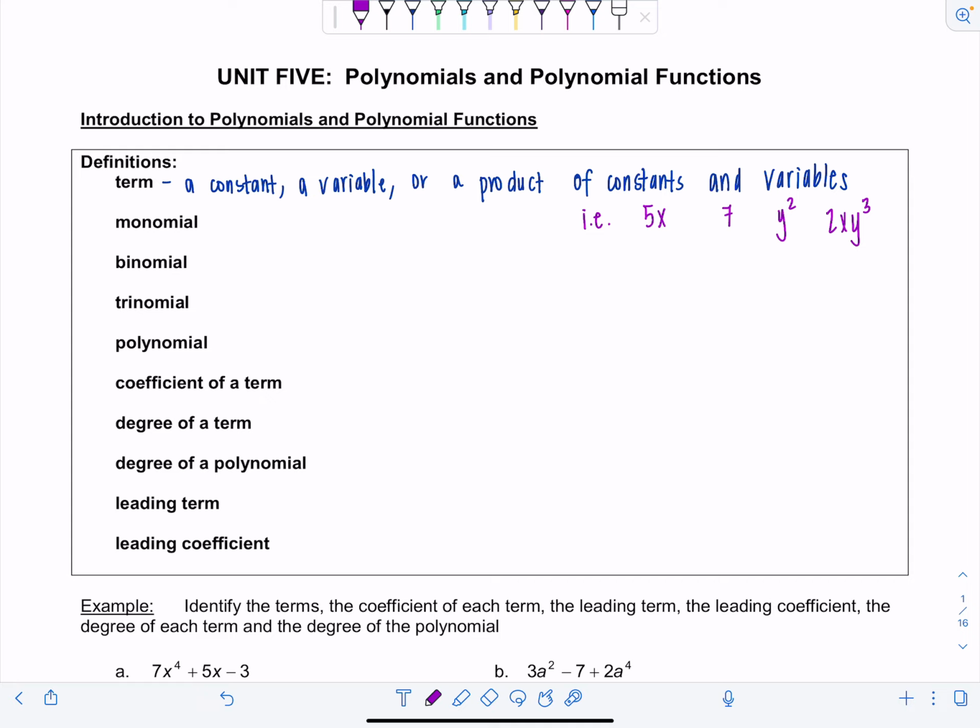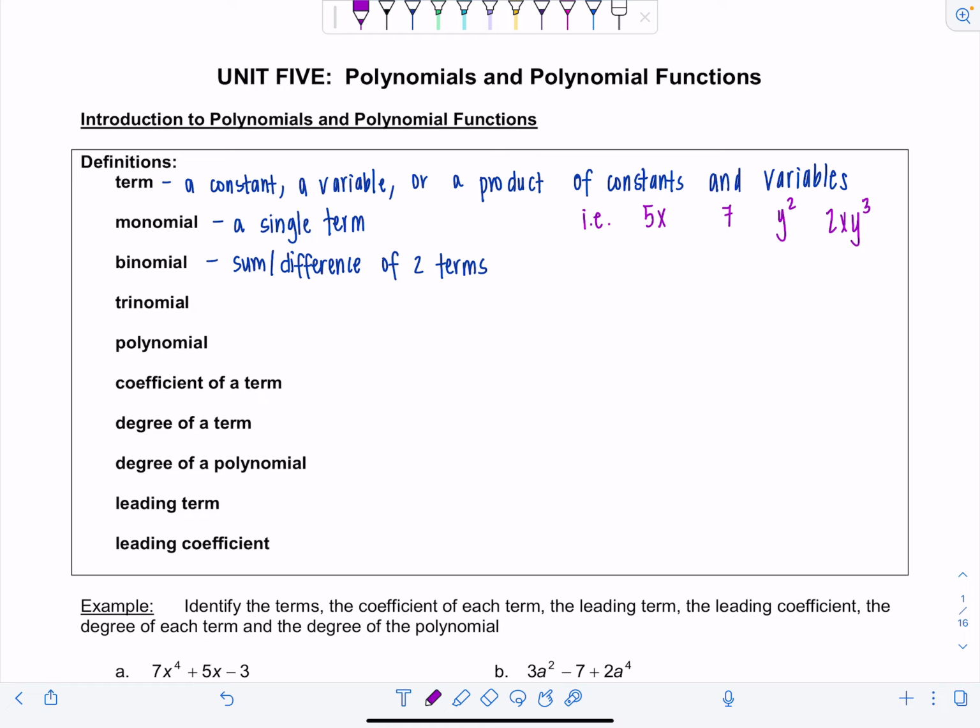All right, a monomial. A monomial is a single term. A binomial, that's when you have a sum or difference of two terms. So for example, monomial examples are all of the terms that I just listed on the right side in purple.